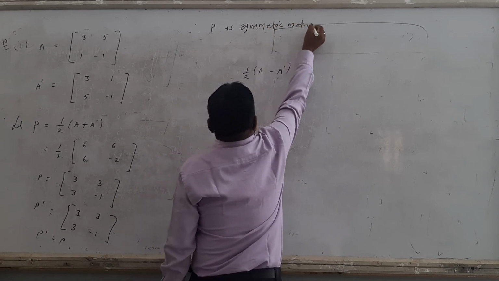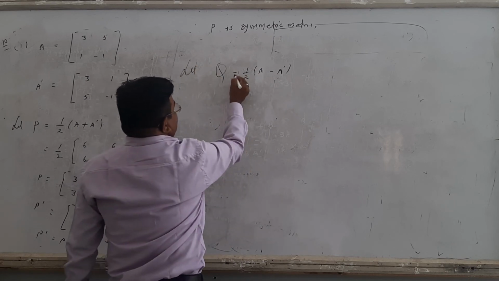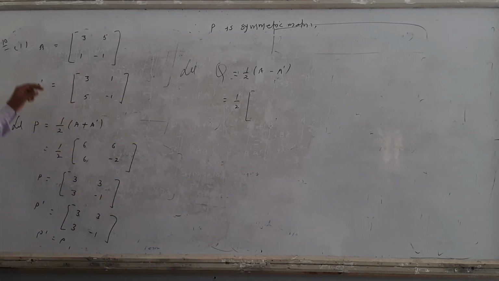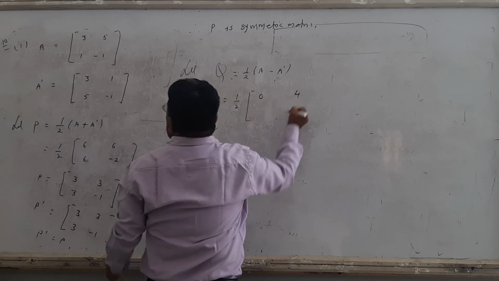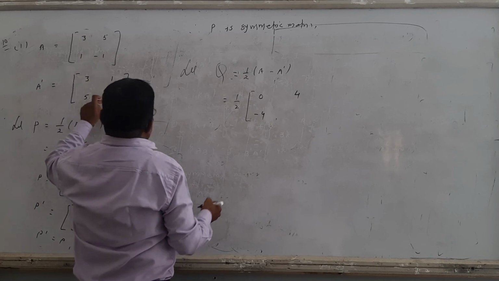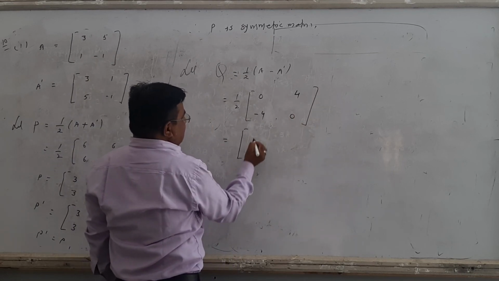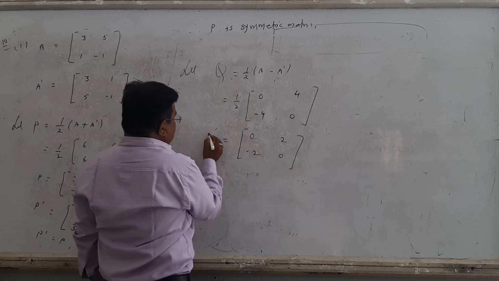Same thing with another new matrix, Q, which is half of A minus A dash. Now A minus A dash: 3 minus 3 is 0, 5 minus 1 is 4, 1 minus 5 is minus 4, and minus 1 plus 1 is 0. Multiplied by half, the matrix is 0, 2, minus 2, 0, and this is the Q matrix.